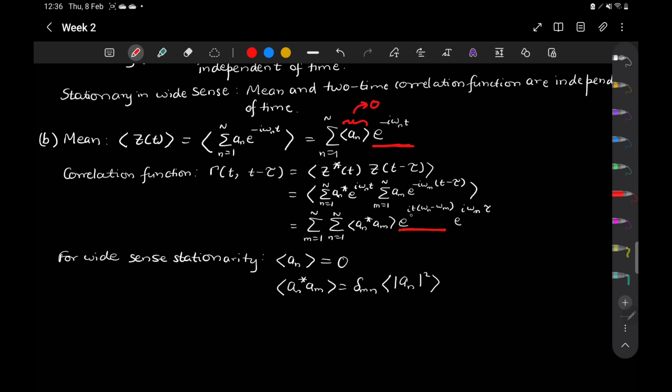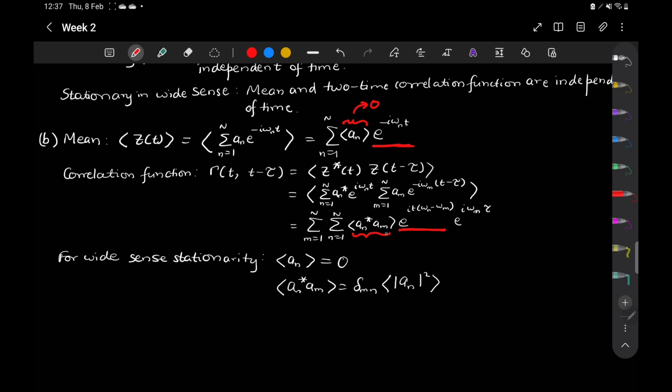And this exponential of i(omega n minus omega m)t is the time dependent term. The coefficient of that is this expectation of an star am. We clearly see that when n equals m, then omega n minus omega m becomes 0, and exponential of 0 is just 1.